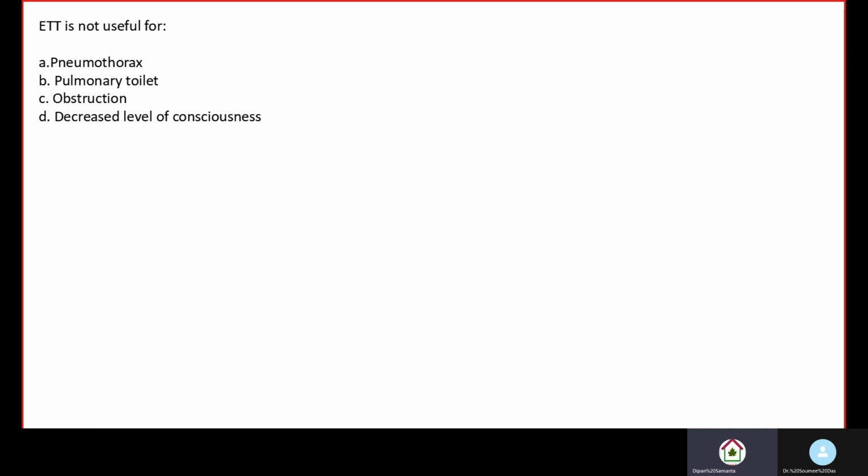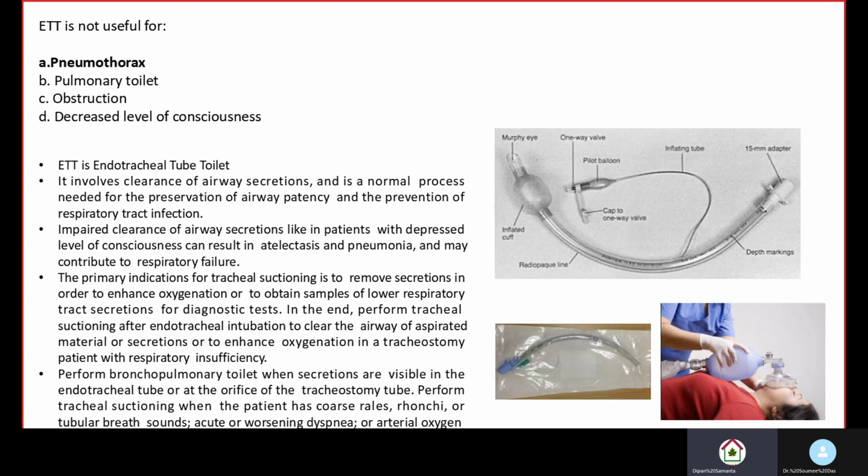Okay. ETT, endotracheal tube, is not useful for pneumothorax, pulmonary toilet, obstruction, or decreased level of consciousness. And the answer is pneumothorax.